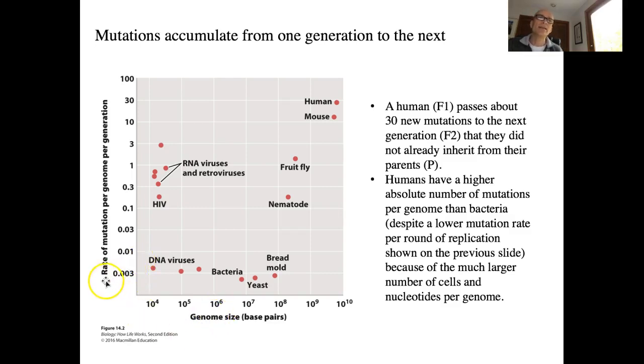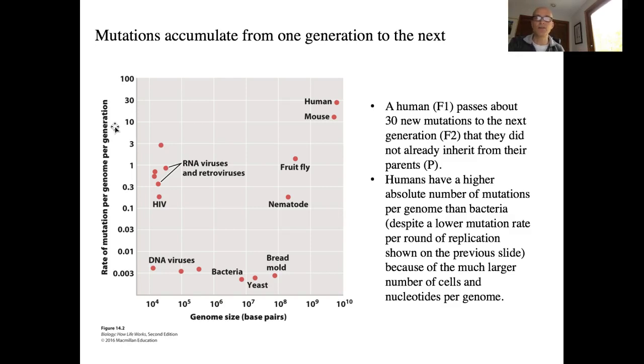Now, if you look at the rate of mutation per genome per generation, this is now per entire genome per generation. So in other words, not just on a per nucleotide basis, but if you have a larger genome, then you make more mistakes per generation. So this is now all the cellular replications that occur from one generation to the next.